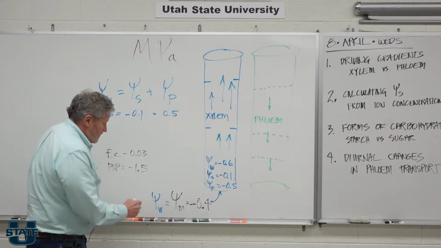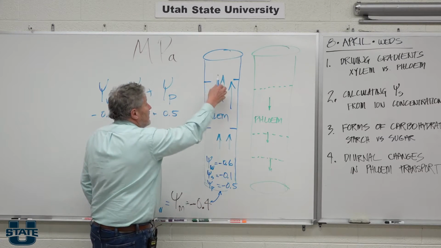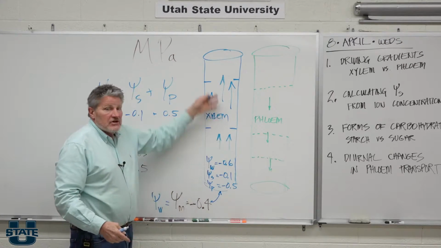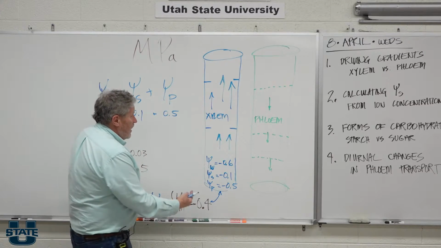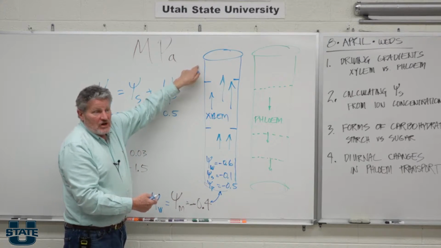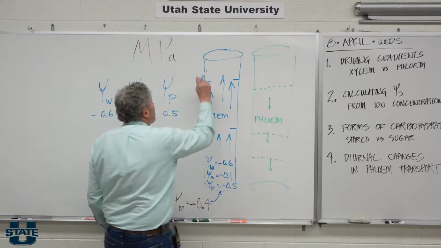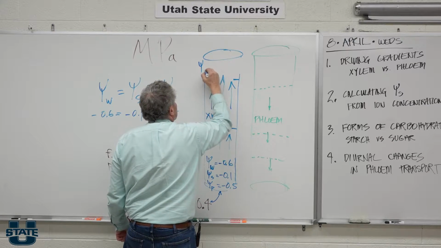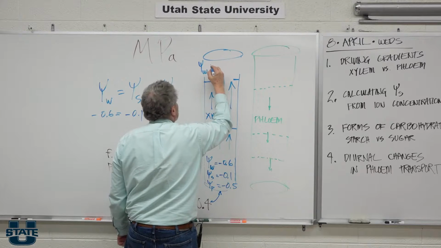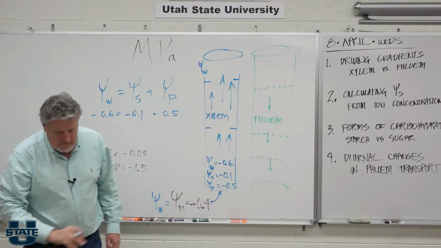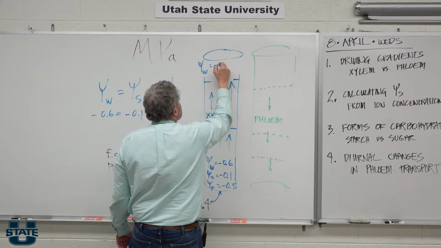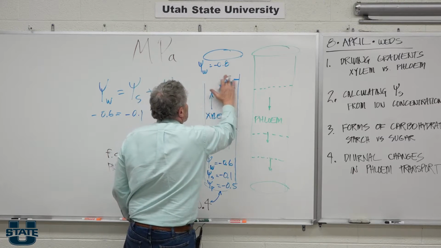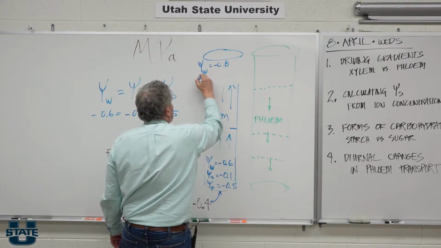That's the first step, and it's sucked in because it's sucked up here on the top. The leaves are sucking it up through this plastic soda straw. So now we have to have more suction up here to get the water to move up. So up here we have psi, and I'll put W again for water, minus 0.8. So more negative, water's going up. I got to do some more erasing to give myself room.